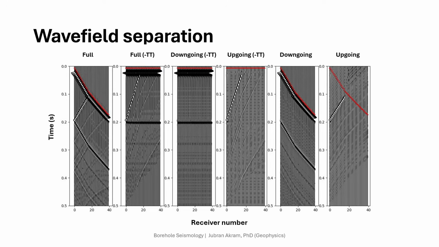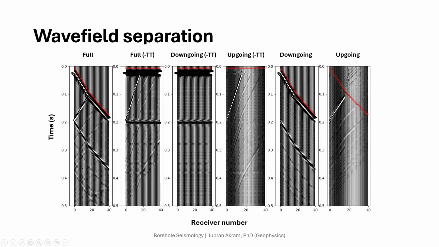Then the next task is to separate the downgoing wave and the upgoing wave for further analysis. Here we see 6 panels. Starting from the left, we have our combined wave field, which shows the downgoing and upgoing together.